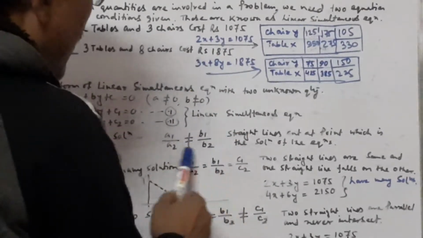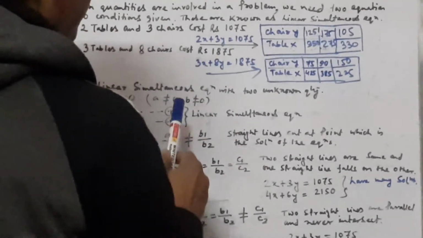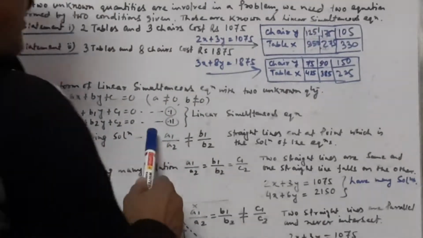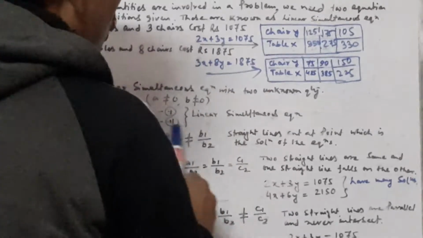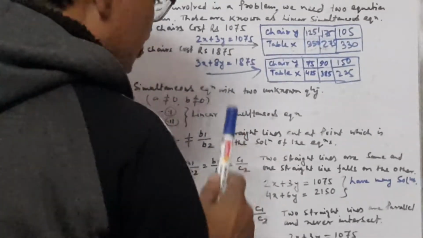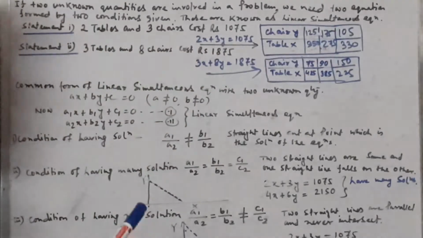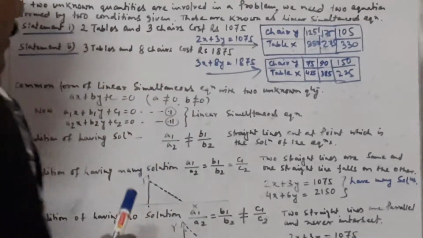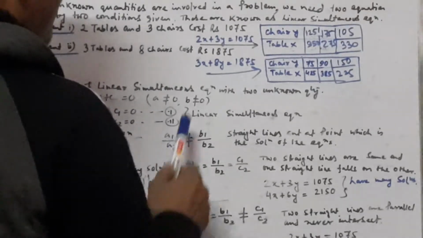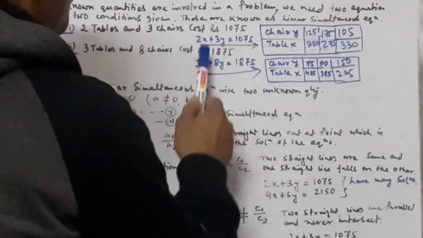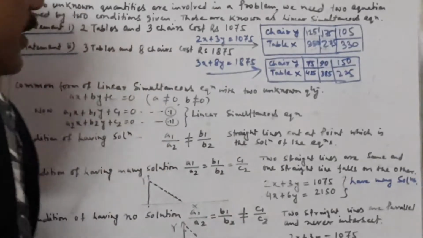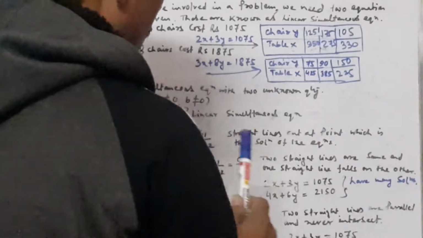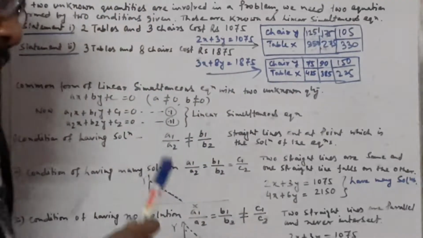If this criterion is met, then we can ensure that these two simultaneous equations must have one solution only, and they will intersect at one point in the graph. If we solve these two equations, we will get one definite value of x and y.